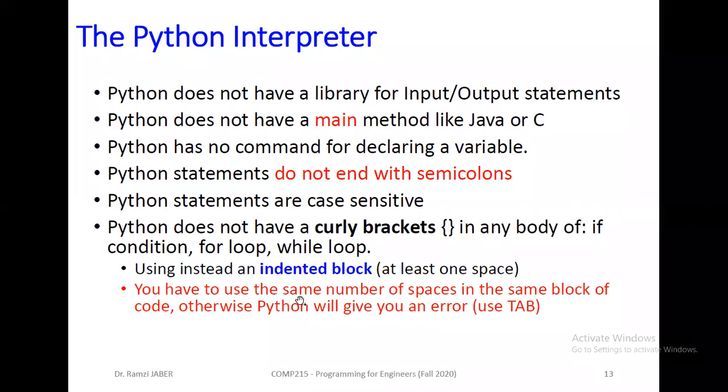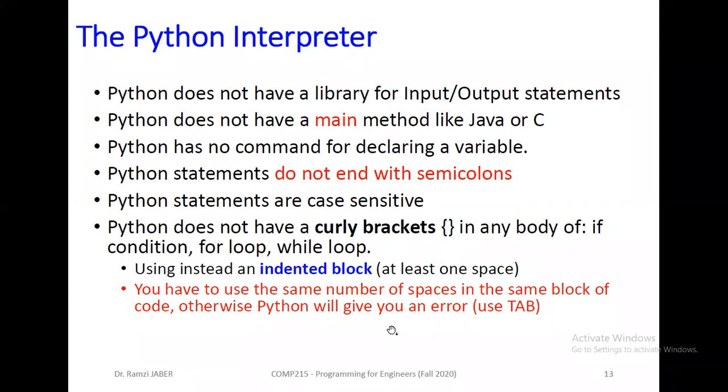We put spaces. I prefer to use tab because for each statement, you press tab to be aligned. If it's not aligned, it will give you an error. Okay, this is some difference between interpreter Python compared to Java or C.